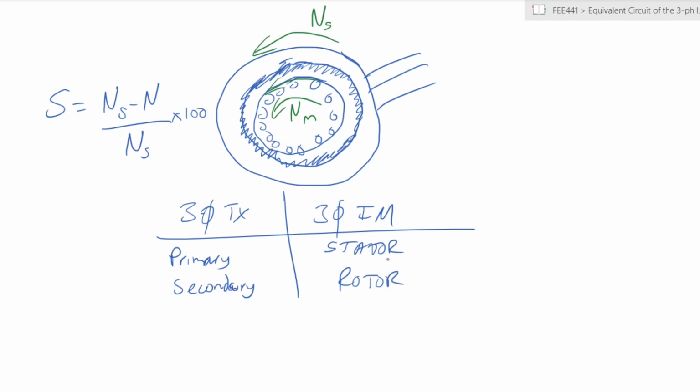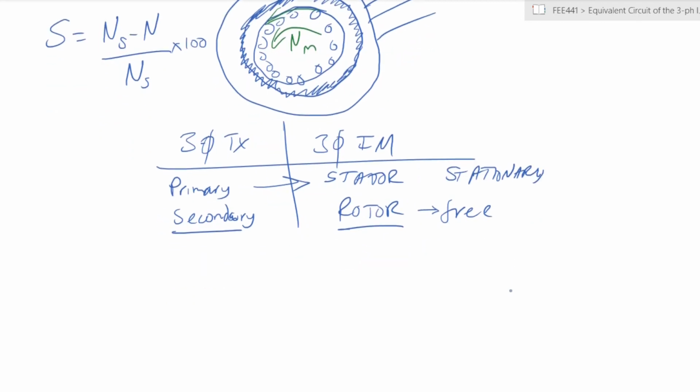These are analogous to each other. The key difference is that the primary winding and the stator are both stationary, but in the transformer the secondary is stationary, whereas the induction motor has a rotor which is free to rotate, following the rotating magnetic field that is induced.